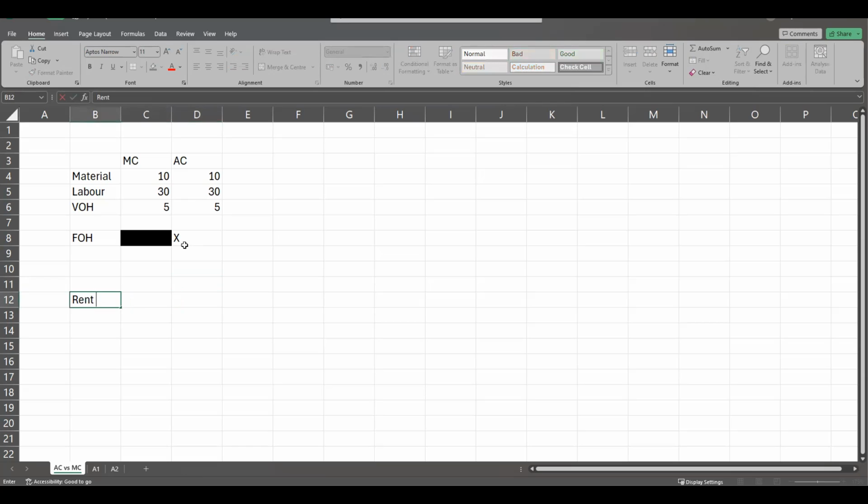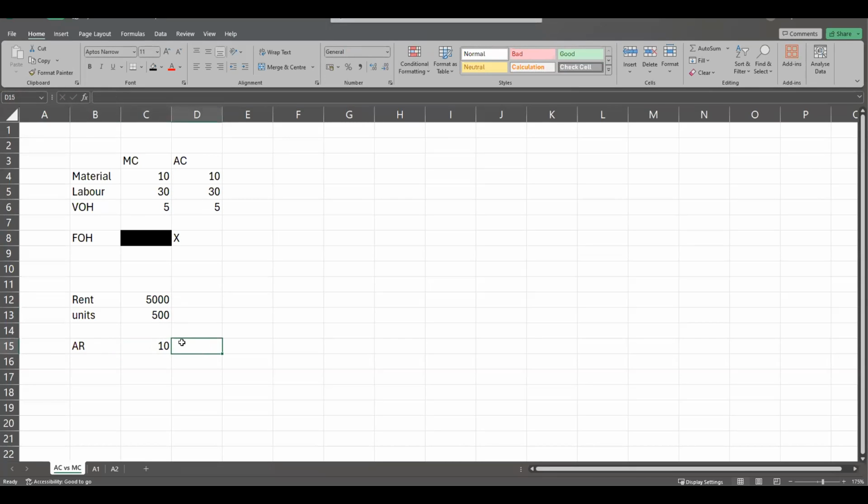If we know that our rent that we're expecting is £5,000 and the units that we're expecting to make are 500, we'll keep the number simple, we would then allocate or absorb £10 per unit under the absorption costing method. Now, this £10 that we've just calculated is what's known as the absorption rate. It's the fixed cost per unit that we're going to absorb under the absorption costing method.